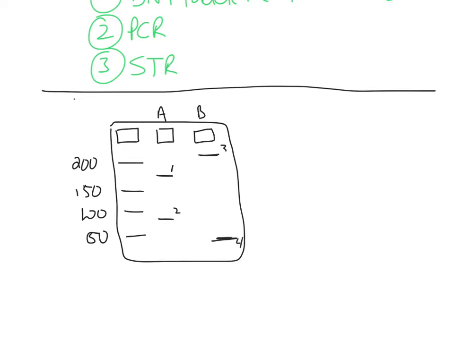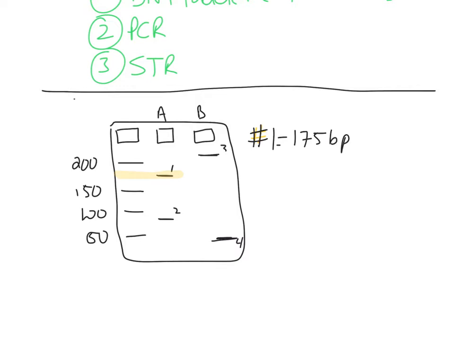So what we are able to do is look at that and extrapolate from the standard. What I mean by extrapolate from the standard is, we can look at this one and say that it falls in between 200 and 150 base pairs on the standard. So we might say that sample number one is like 175 base pairs long.